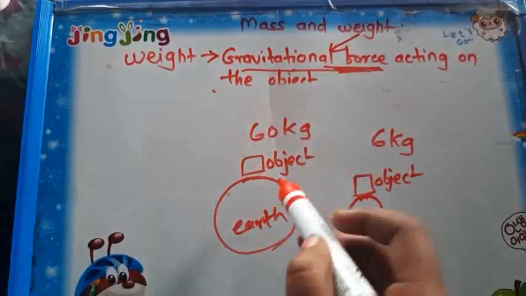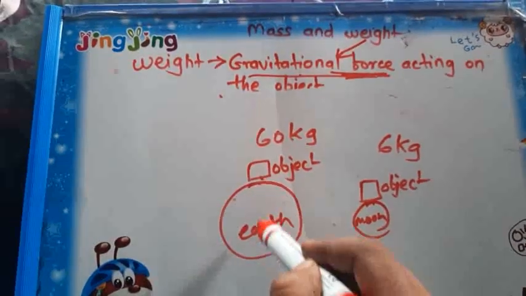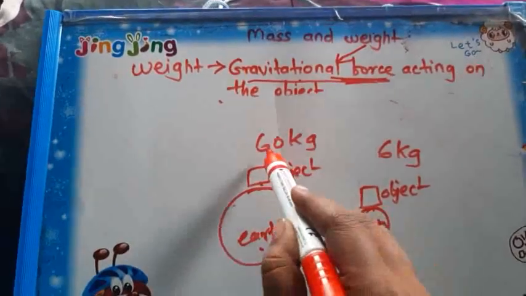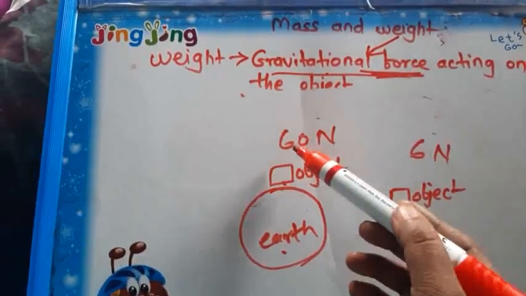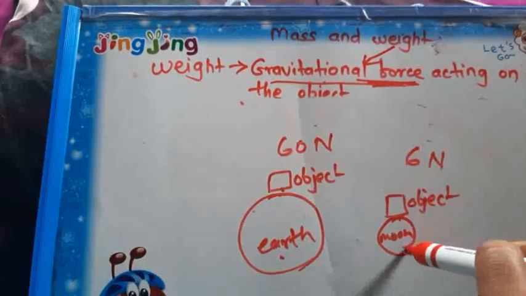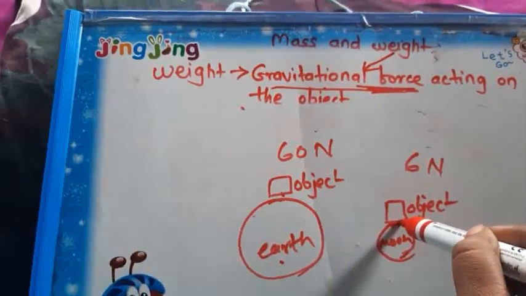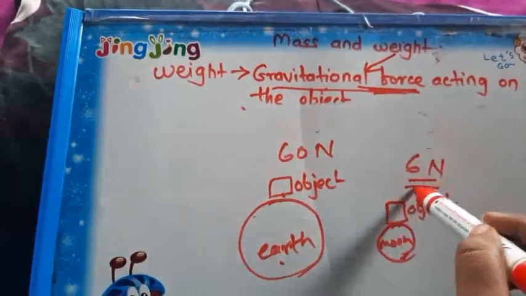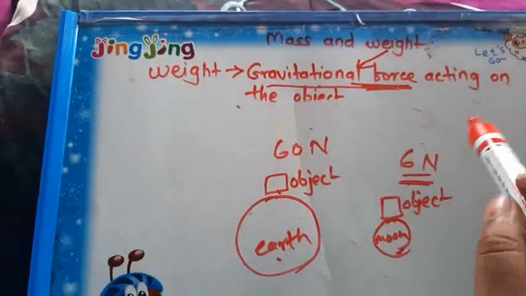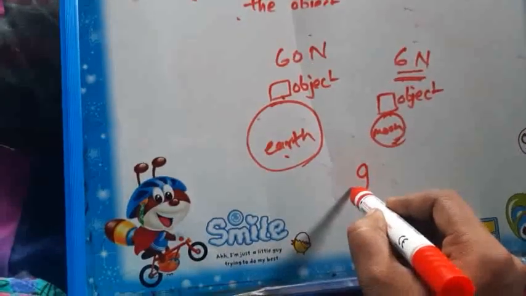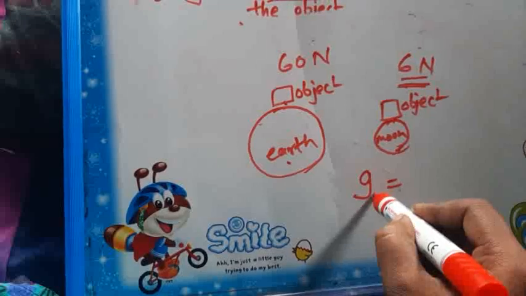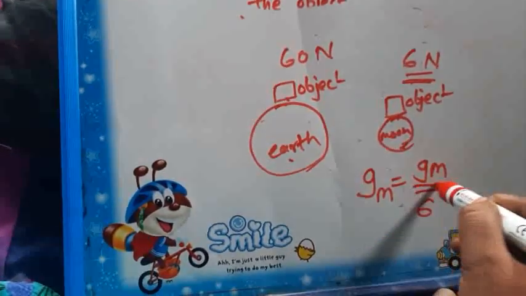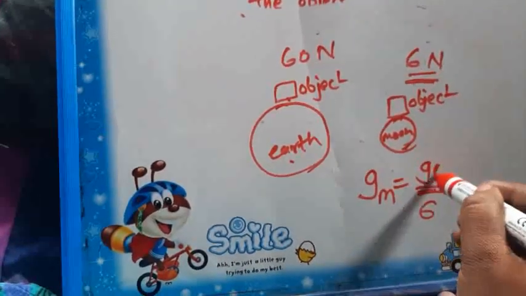For example, suppose this is the object which is present on the surface of Earth. On the surface of Earth, its weight is 60 Newton, and if that same object is now placed on Moon, its weight will be 6 Newton. Why is this so? Because we know that Moon's gravitational acceleration is 6 times less than Earth's gravitational acceleration.